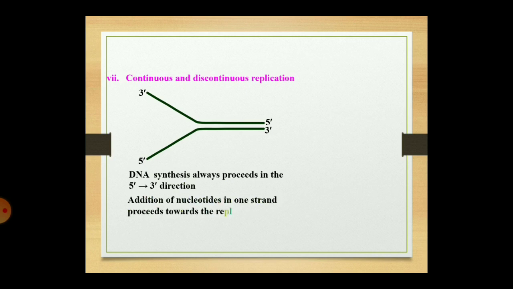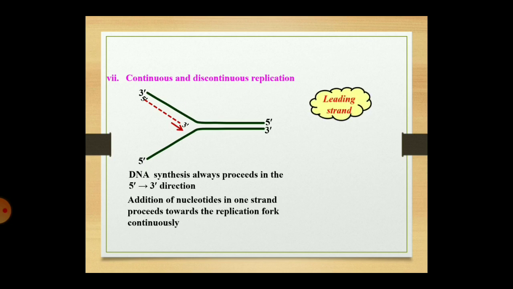Addition of nucleotides in one strand proceeds towards the replication fork continuously. Look here, DNA nucleotides are added continuously towards the replication fork, and that strand we call the leading strand.